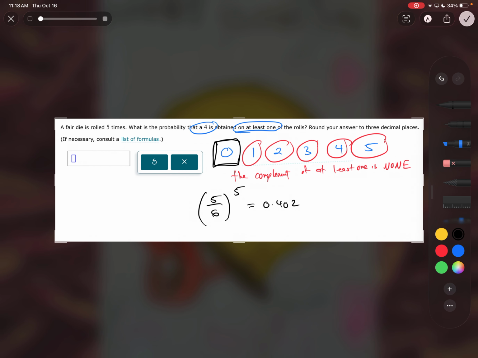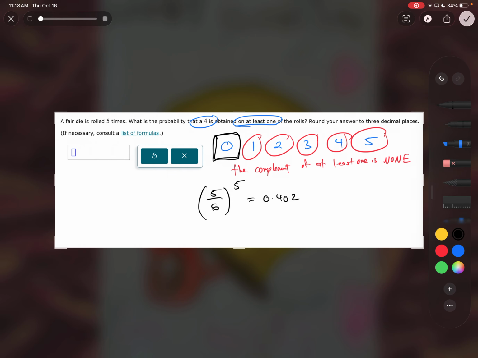That seems high. No, it's not, I guess. So that's the probability that I don't get any 4s. The probability that I would get at least 1 would be 1 minus that number, 0.598, and that is my answer.